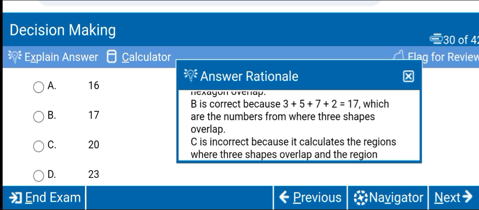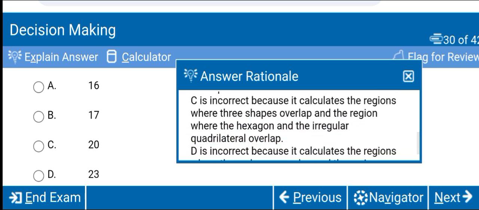Then we have option C. It is incorrect because it calculates the regions where 3 shapes overlap and the region where the hexagon and the irregular quadrilateral overlap.